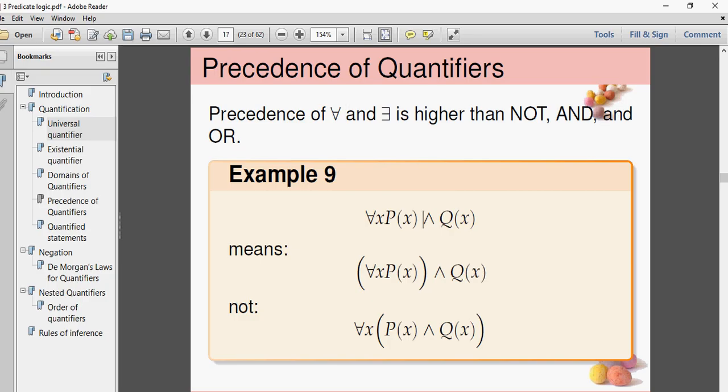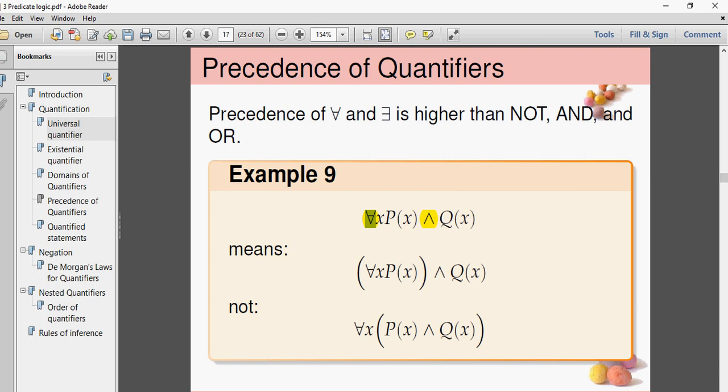So I have and here, or I have also for each. According to the rule, for each is higher than and, so I will start with for each. So I will go here: for each x, P(x), then the result will be combined with Q(x). Clear? So I put the precedence here to clarify that for each x is higher than and.